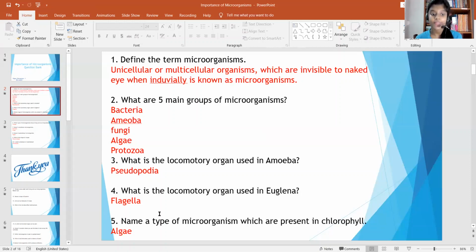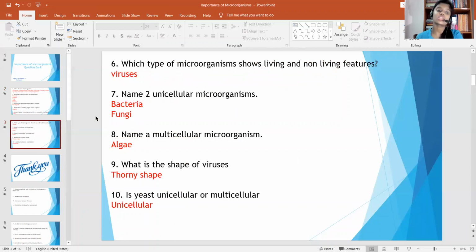Next one, name a type of microorganism which has chlorophyll. It is algae. Algae is a microorganism which has chlorophyll. Chlorophyll means a green pigment. Next, the 6th question: which type of microorganism shows living and non-living features?